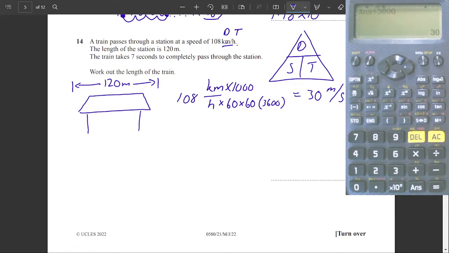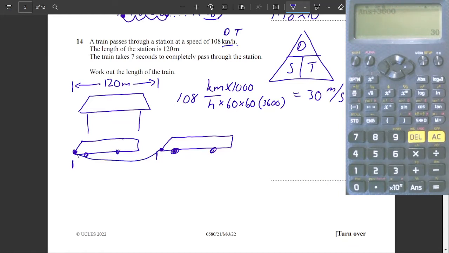So imagine here comes the train. This is the nose of the train, and that's important that we know where this is the nose of the train. And let's make this the back of the train. It comes, and when it reaches the first edge of the station, we start counting time. And then when the nose reaches the other edge of the station, how much time would have passed? From there to there.